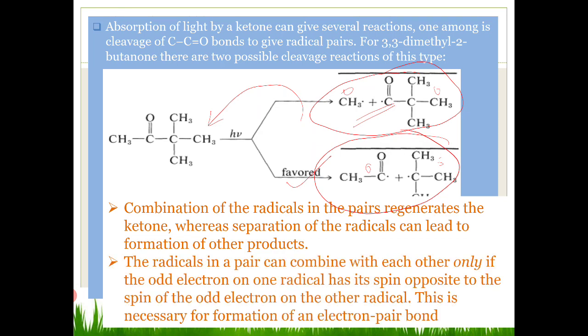The radicals in a pair can combine with each other only if the odd electron on one radical has its spin opposite to the spin of the odd electron on the other radical. This is necessary for the formation of an electron pair bond. If you recall the valence bond theory, the orbitals are overlapping, and in order to overlap the orbitals, there are a few conditions.